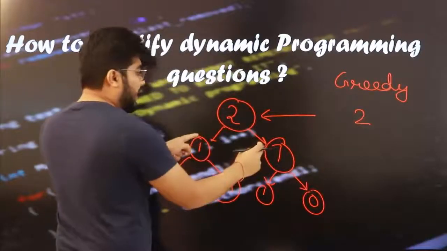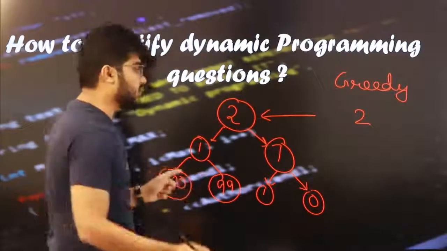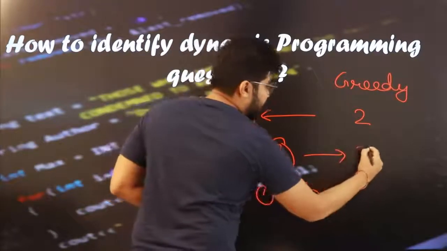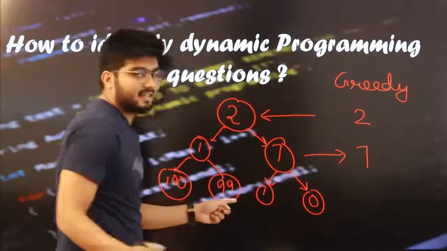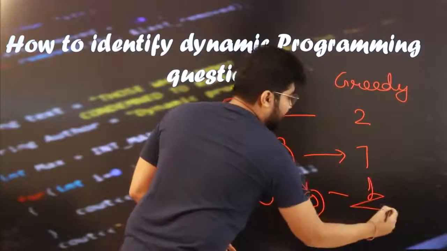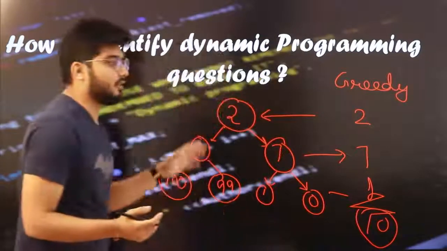Now the next options we have are 2 children, 1 and 7. Greedy says pick the largest. Okay, I pick the largest, so that will be 7. Now we have 2 options, 1 and 0. Greedy says pick the largest, 1. Okay, so we get the answer as 10. So the greedy algorithm gives us the answer 10 for this tree.